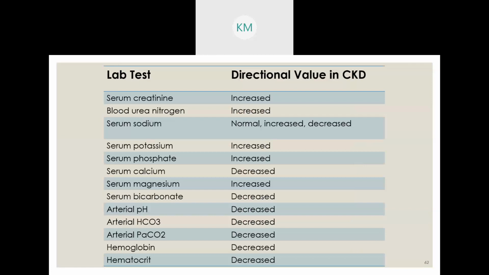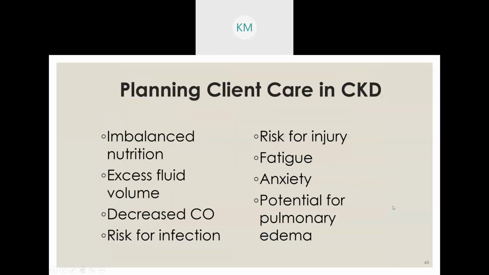All right, GFR is calculated on a certain level. Basically, what I want you guys to know in this is what happens. Serum creatinine is increased. BUN is increased. Serum sodium can be either one. Serum potassium. So take a look at this and make sure you know it. Okay.